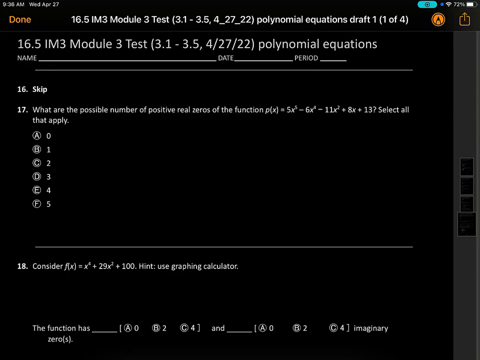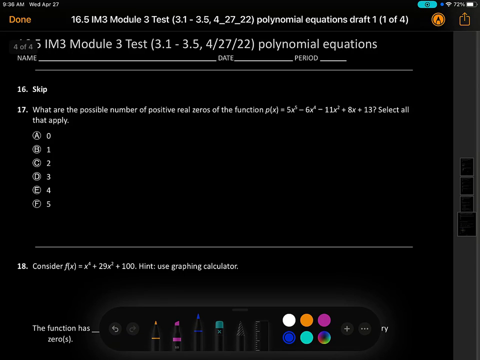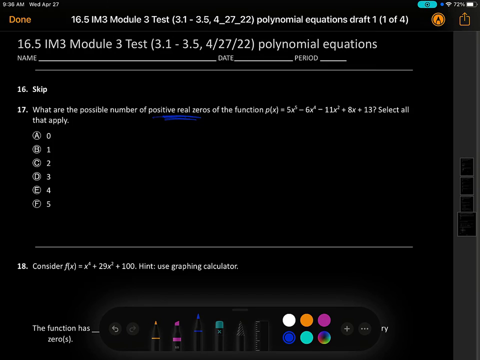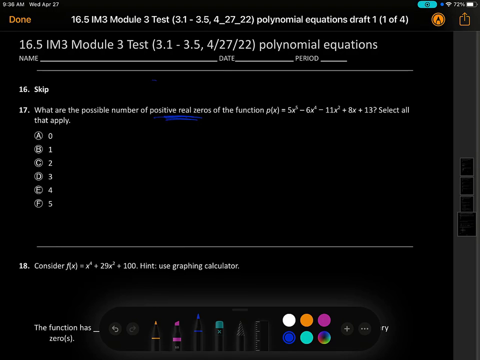All right, let's go over question number 17. This one tells us, what are the possible number of real positive zeros of the function p of x? Select all that apply. Well, here we can use Descartes' sign change rule.